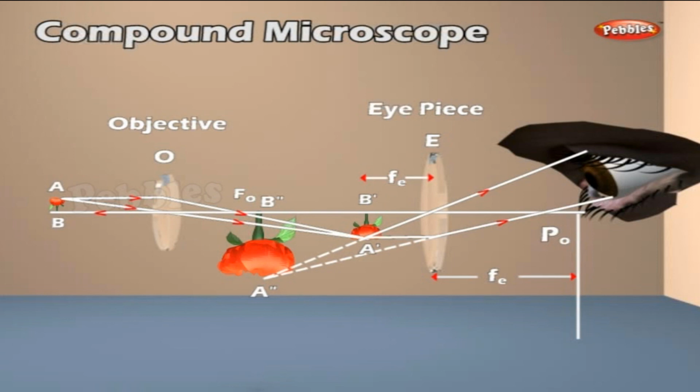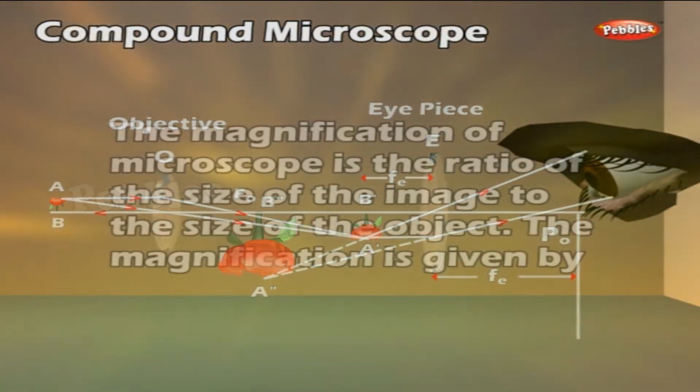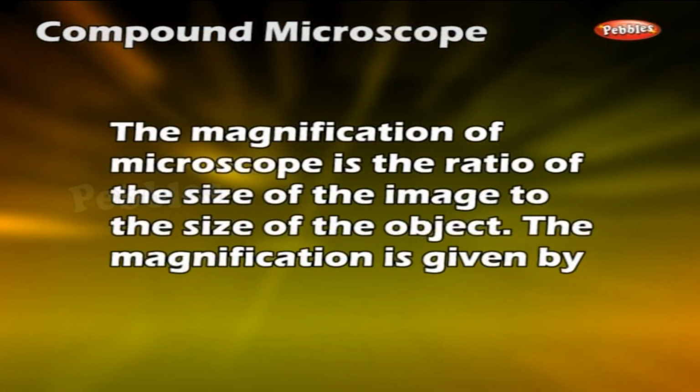The sliding tube is adjusted in such a way that A''B'' is at least distance of distinct vision. The magnification of microscope is the ratio of the size of the image to the size of the object.